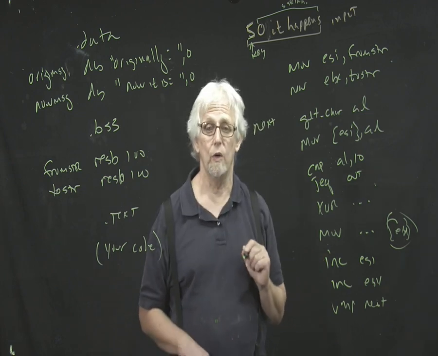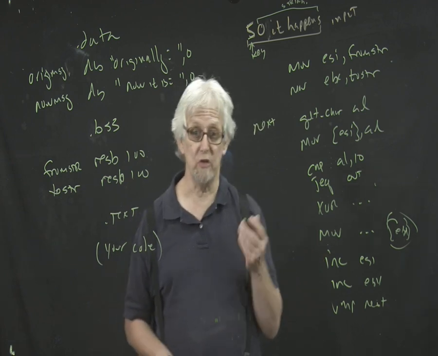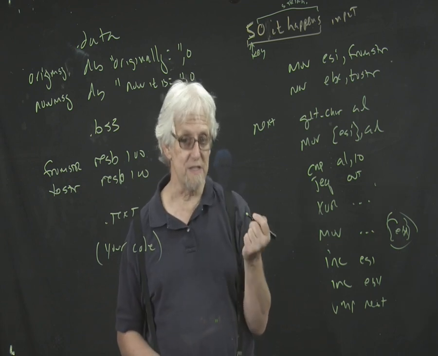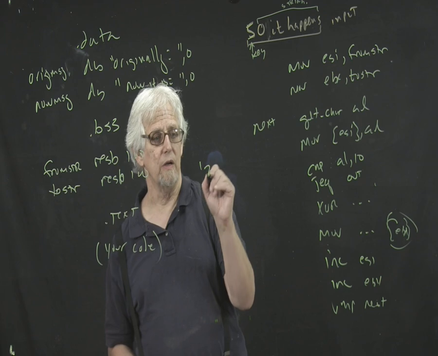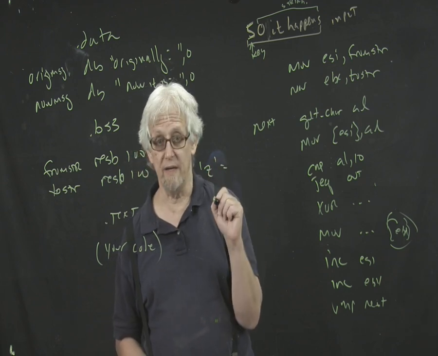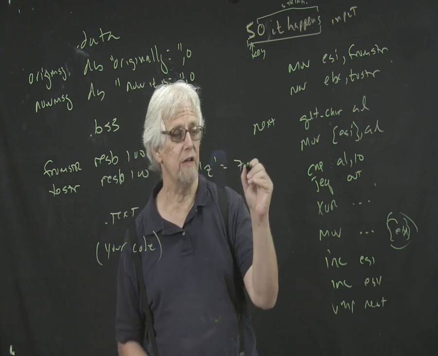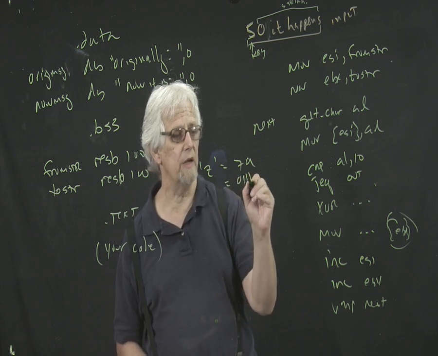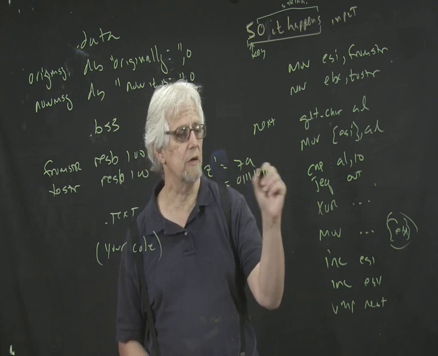So, for example, suppose you were encrypting with a 5 and your letter was Z. So Z is equal to, in hex, 7A, which is in binary 0111 1010.